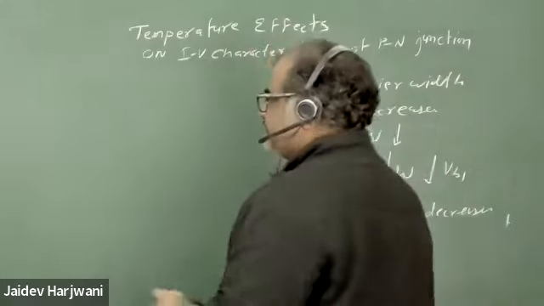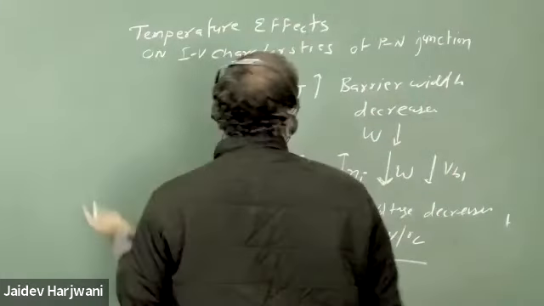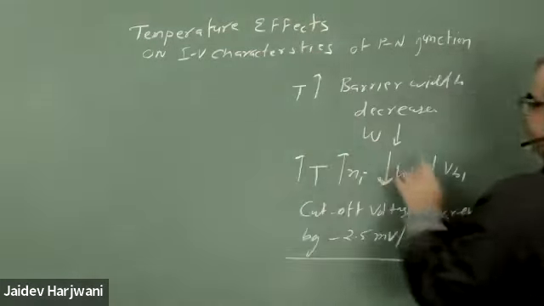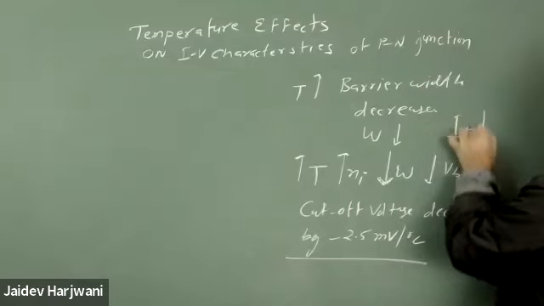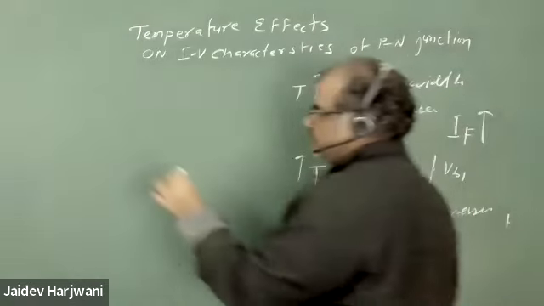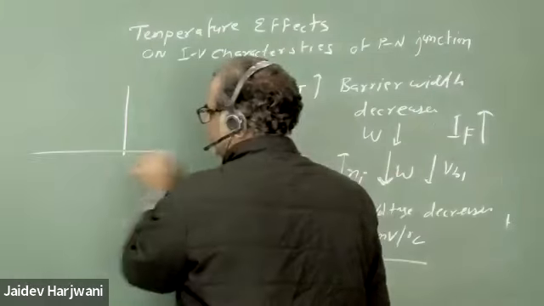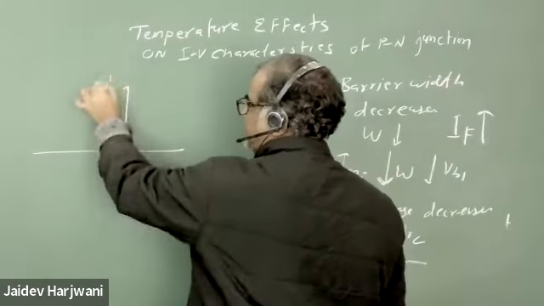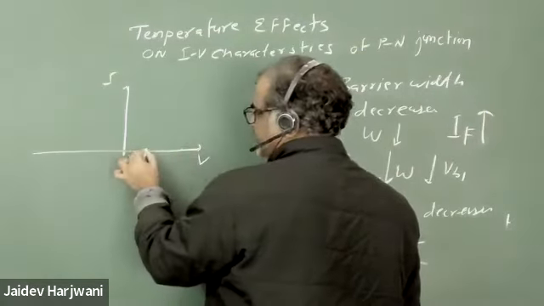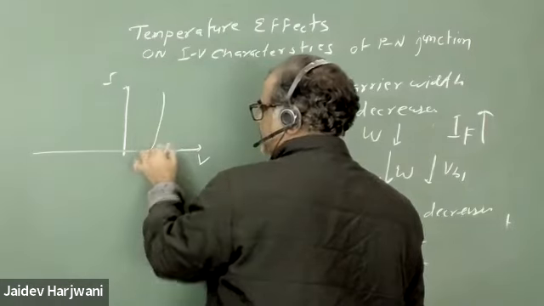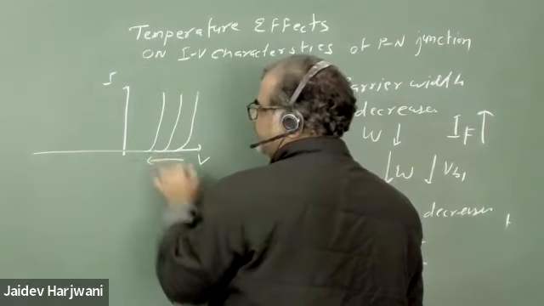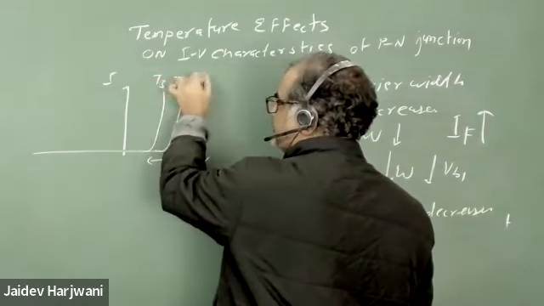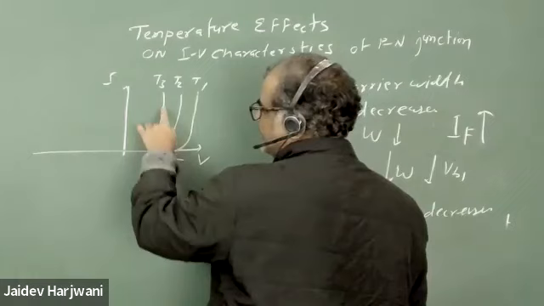Third point is forward current. When you increase the temperature, barrier width decreases, which means now your forward current increases. If I plot this, this is my I, this is my V. You see here this cutoff voltage is getting decreased when I'm increasing the temperature, and current is also increasing.